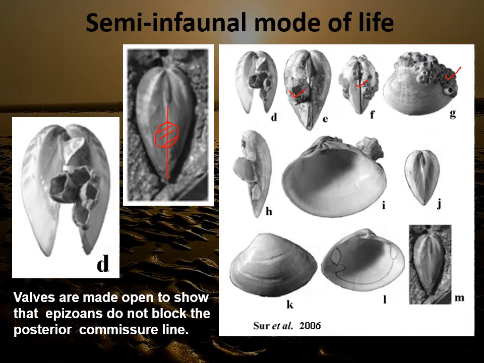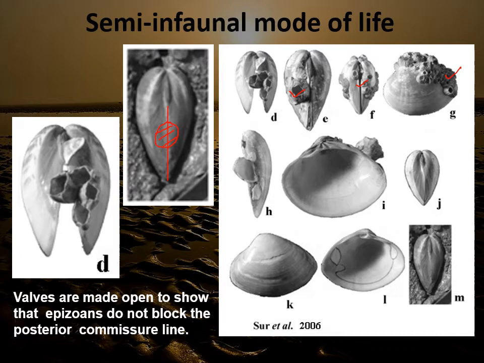As you can see, there are epizoan attachments. The bivalve allows the epizoans to settle in the posterior portion of its shell, but it does not allow the epizoans to completely block its posterior commissure line. Although there are barnacles in the posterior portion, the bivalve is able to open its posterior commissure line so that it can maintain contact with the external environment.